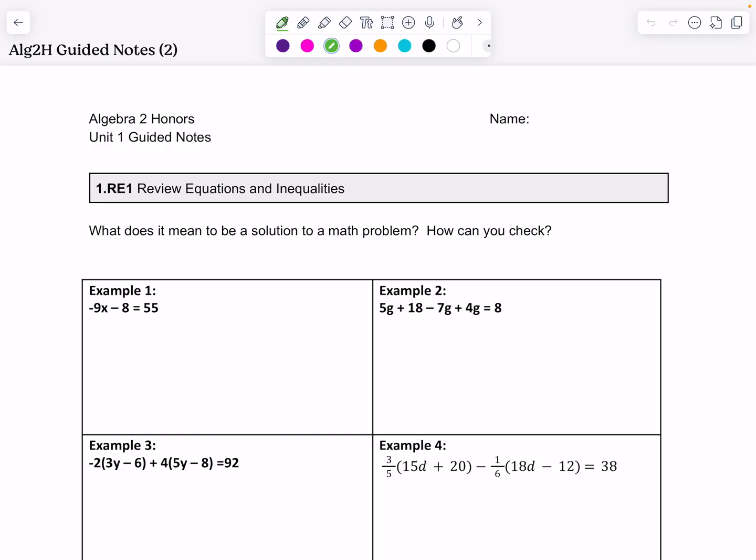All a solution does is, when you substitute it in, it makes a true math statement, like 2 equals 2 or 2 plus 2 equals 4. Those are true math statements.